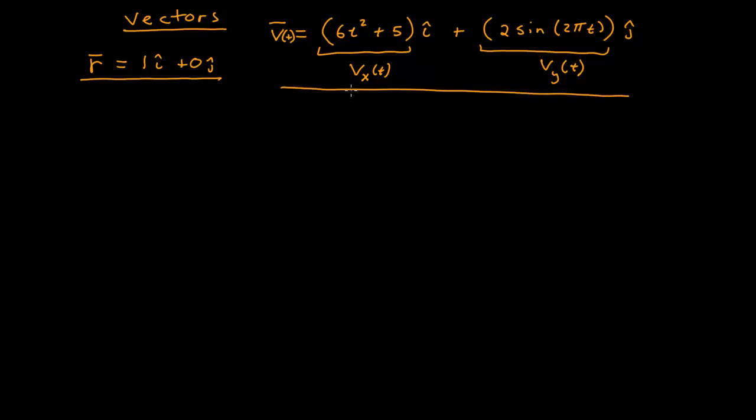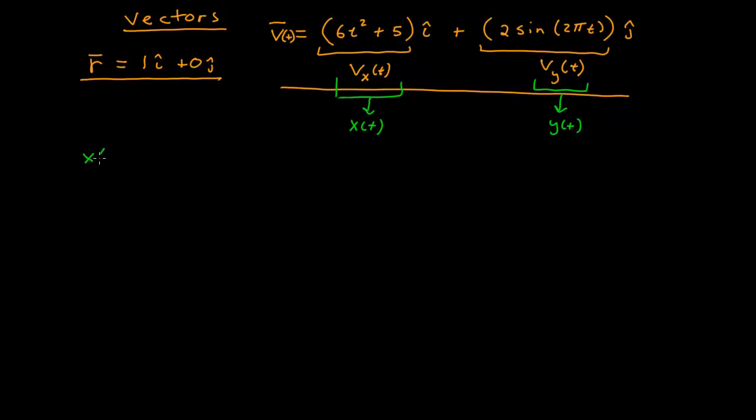Well, what I do is I simply find the antiderivative of the x component of the velocity, which is the x component of the position, and the antiderivative of the y component of the velocity is the y component of the position. So I just have to do everything more.